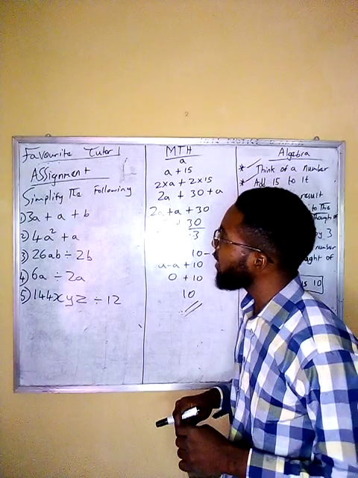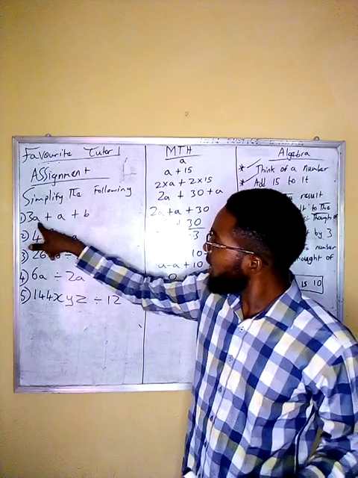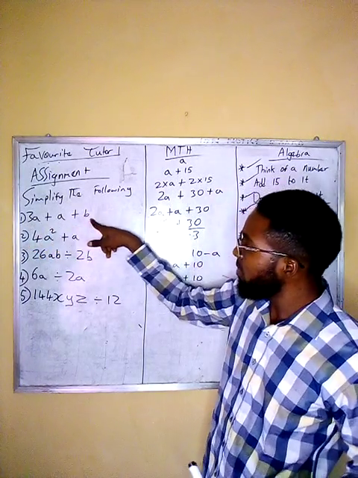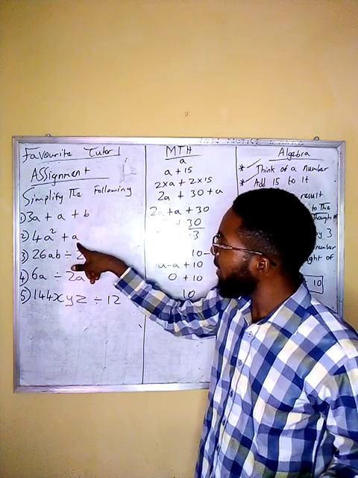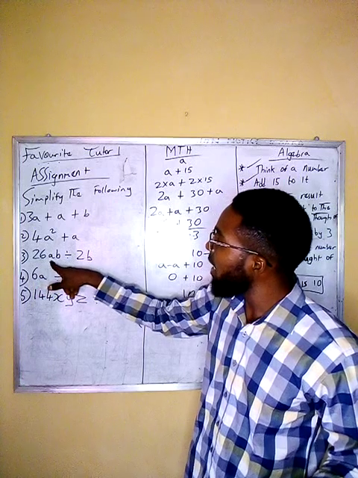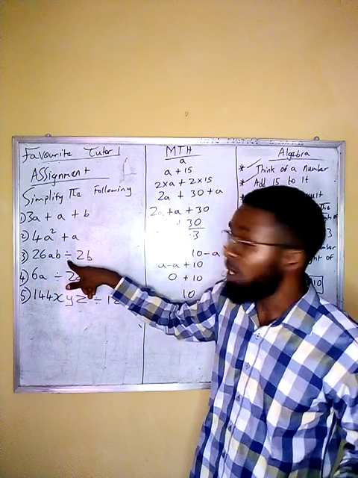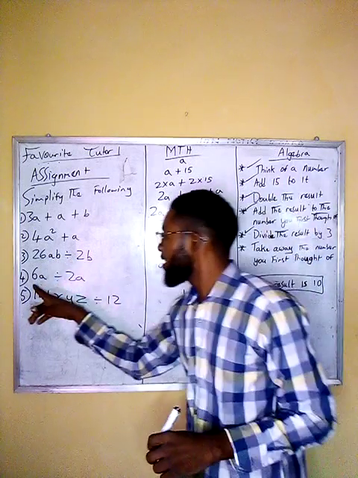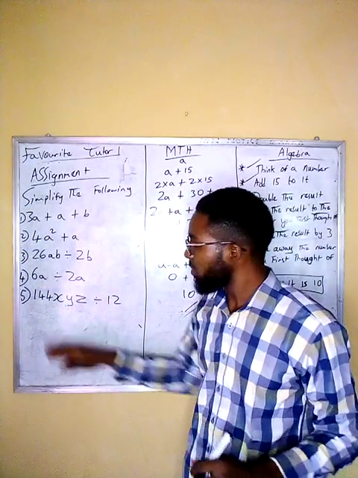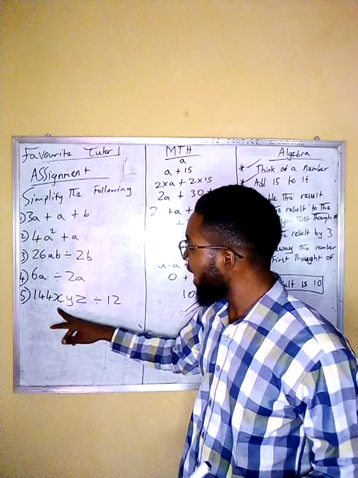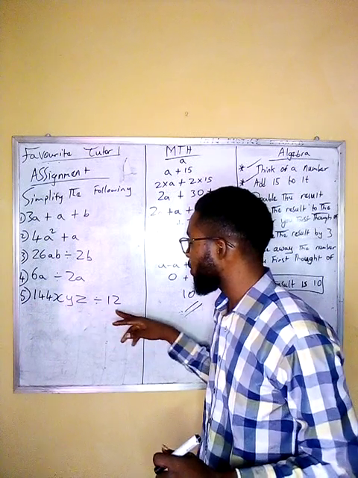This is: 3A plus A plus B. 4A raised to the power of 2 plus A. 26AB divided by 2B. 6A divided by 2A. 144XYZ divided by 12.